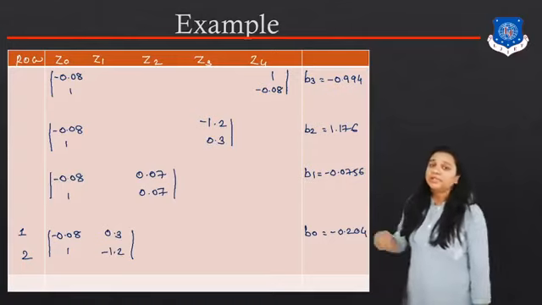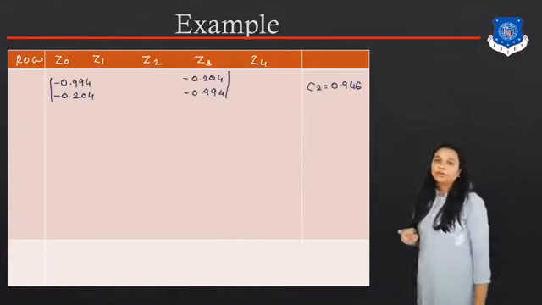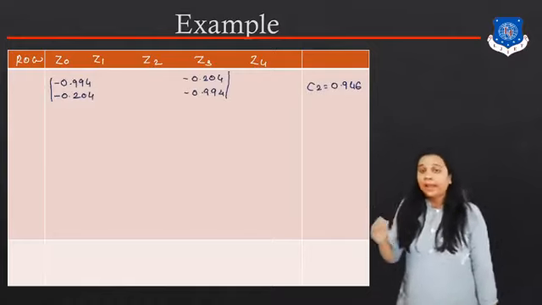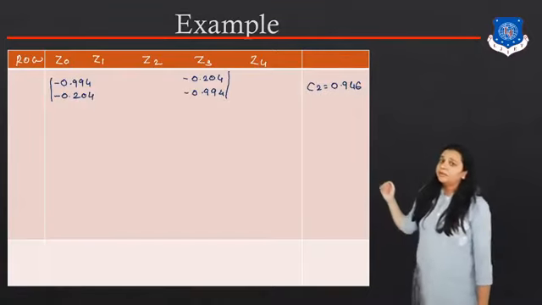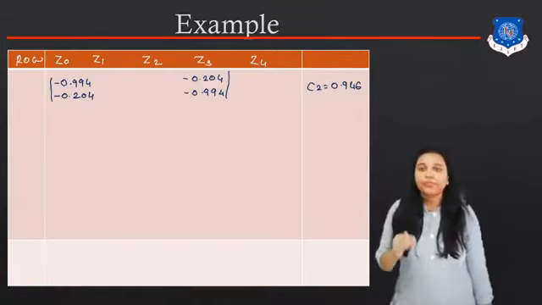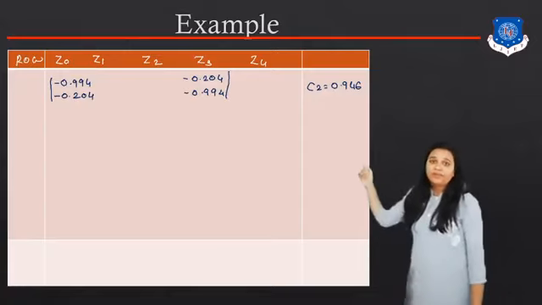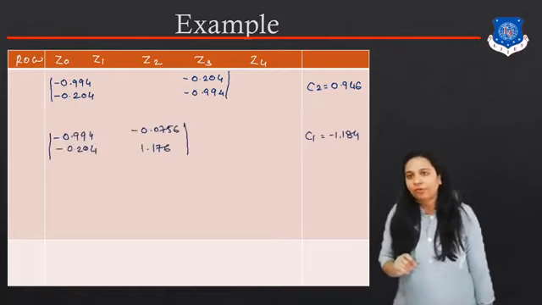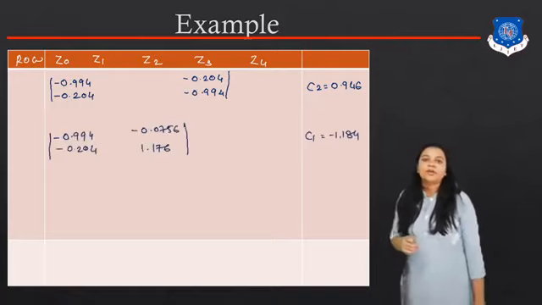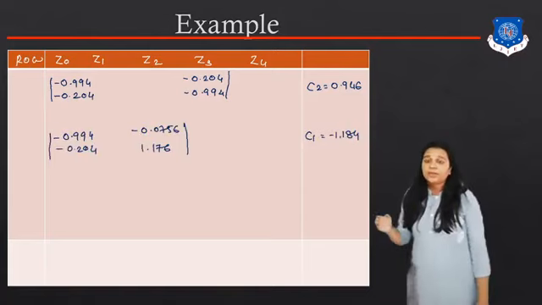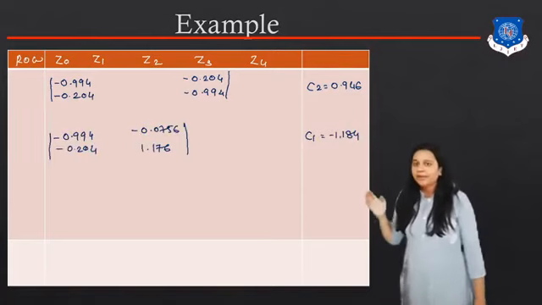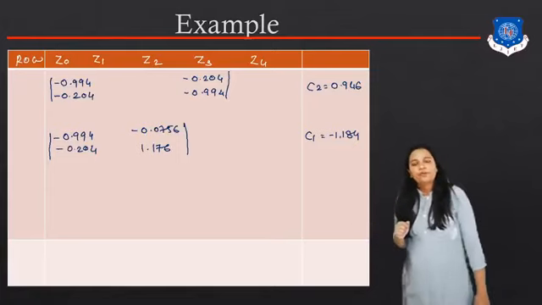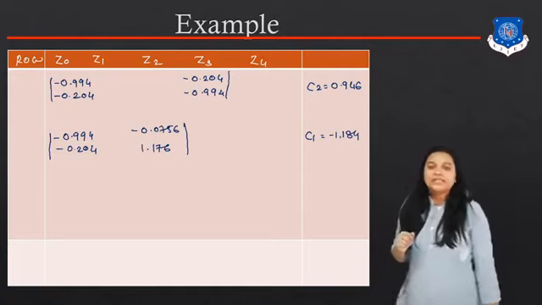And for that we are using these values. First of all -0.994, -0.204, and again in the lower side -0.204 and -0.994. Simplifying that, we get C2, which is 0.946. Again we find C1, which is -1.184. It is the cross multiplication of -0.994 and 1.176, and -0.204 and -0.0756.